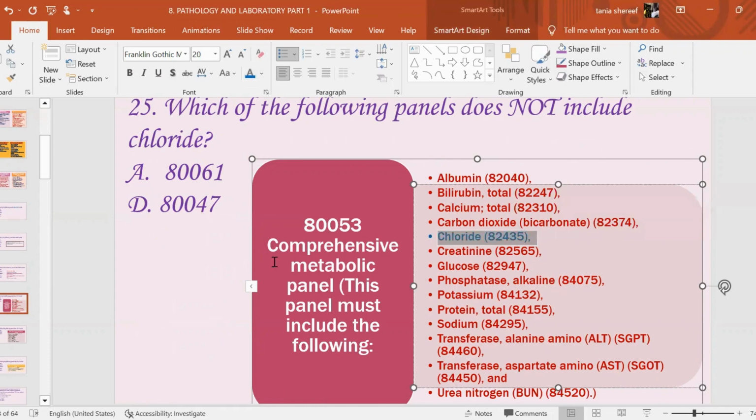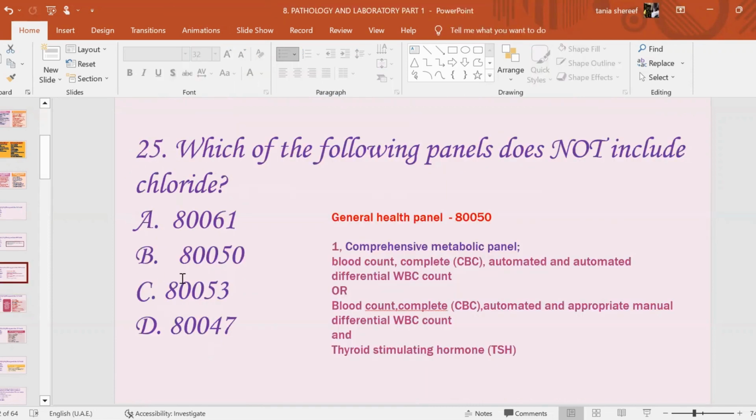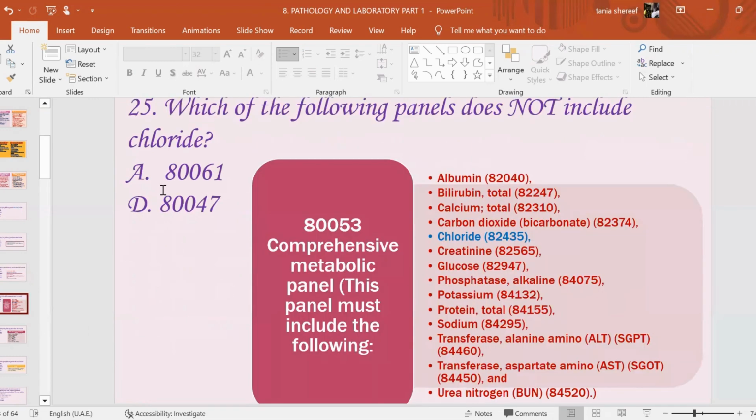80,053 includes chloride, as well as 80,050, because 80,050 is the general health panel. So both include chloride, and we can remove them. We removed B and C. Now check D, 80,047.